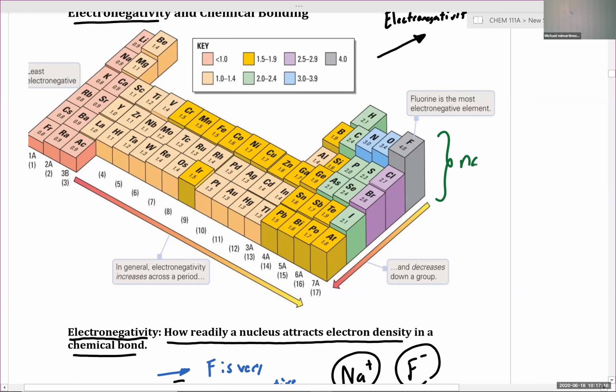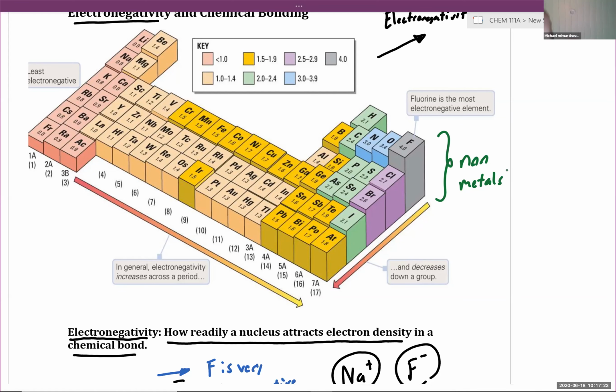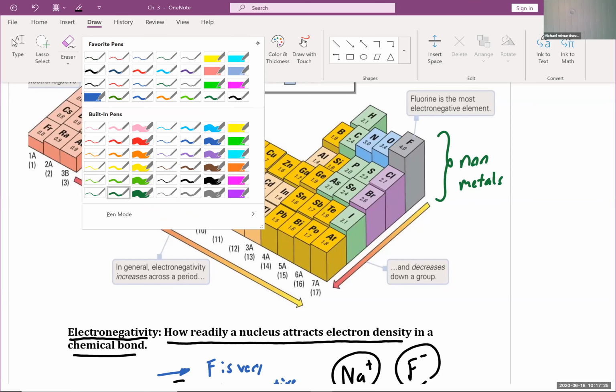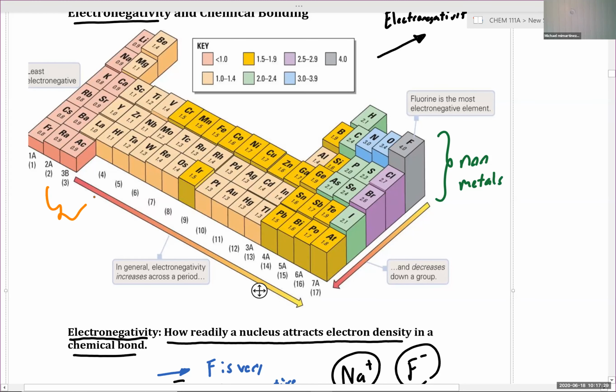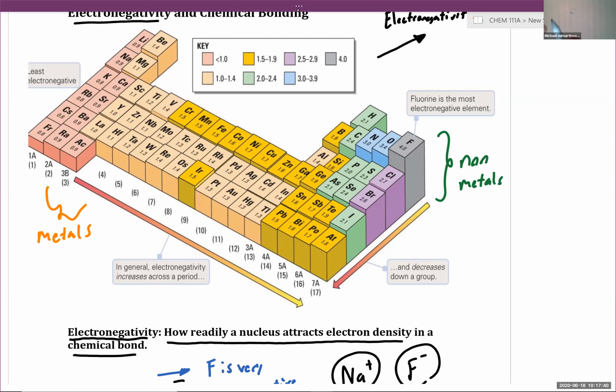Yep, the non-metals. Okay, and what elements are found on the left-hand side of the periodic table? The metals. And the metals are not particularly electronegative. They have relatively low electronegativity values.